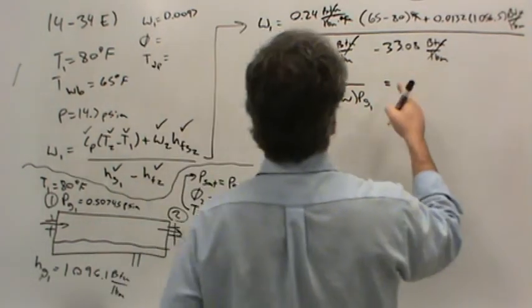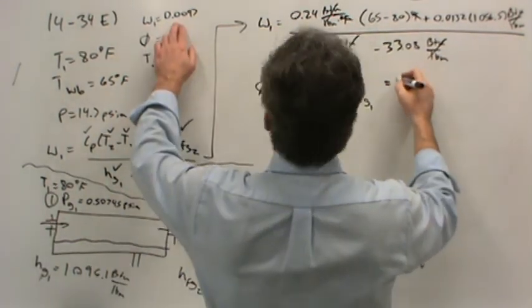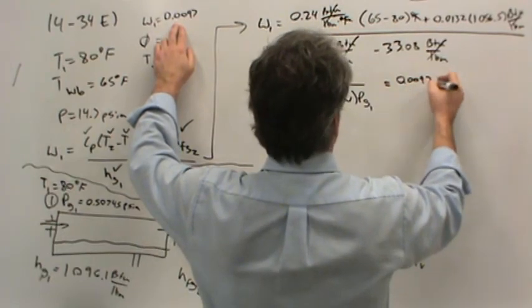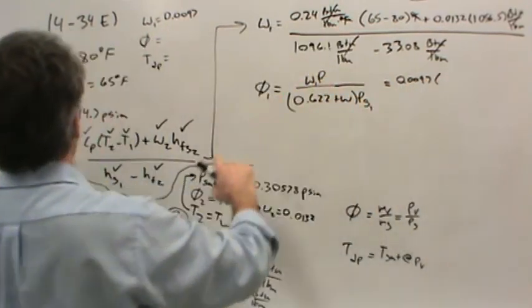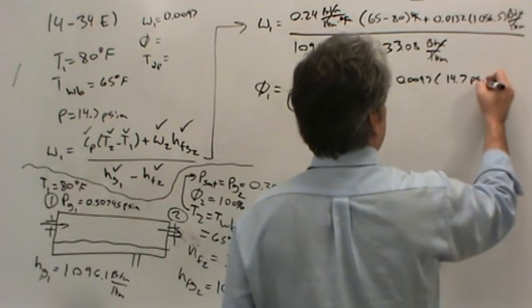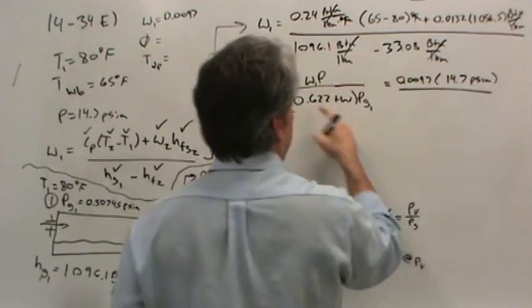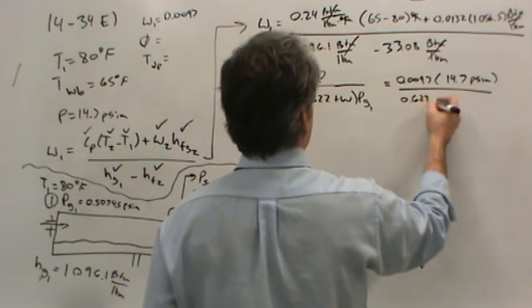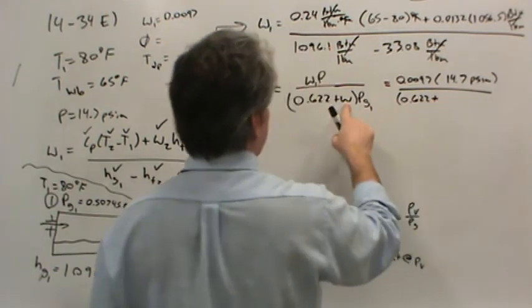We plug in the absolute humidity, which we just found, 0.0097, multiplied by the total pressure, which is 14.7 PSIA, divide by 0.622, plus the absolute humidity. Which one?